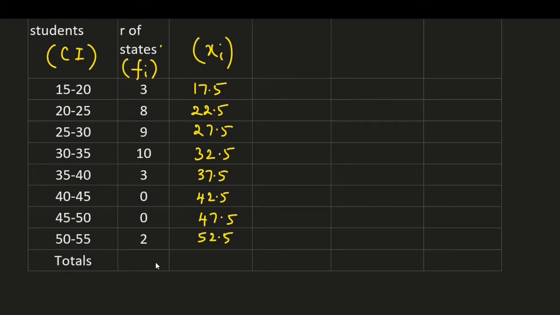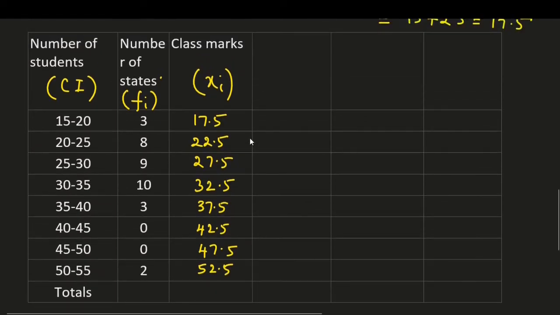Now let us implement deviation method or step deviation method. Let us first find deviation values. Deviation di is equal to xi minus a. Here a is assumed mean. Let us take the middle value of these xi's as the assumed mean. 32.5 and 37.5. These are the middle values. Out of these two, let us take one.